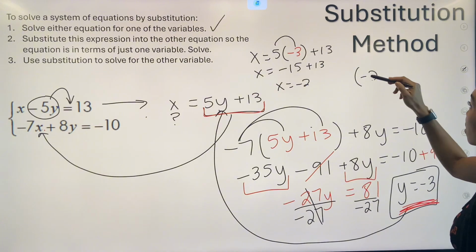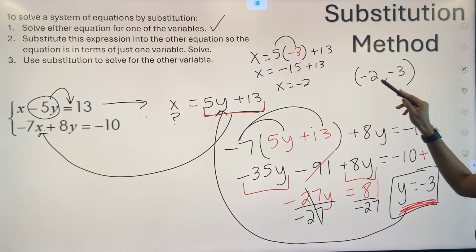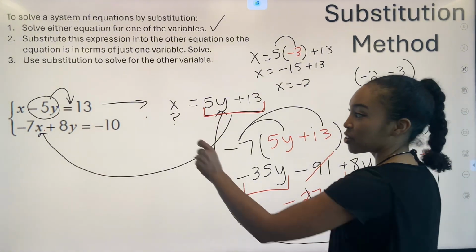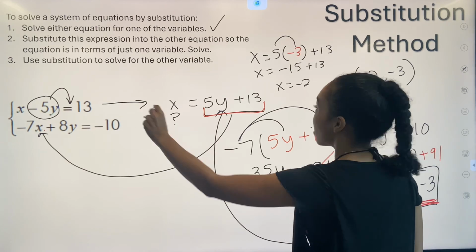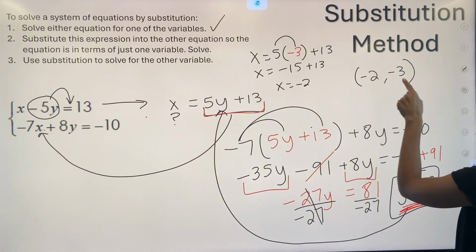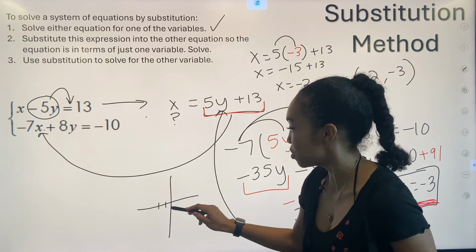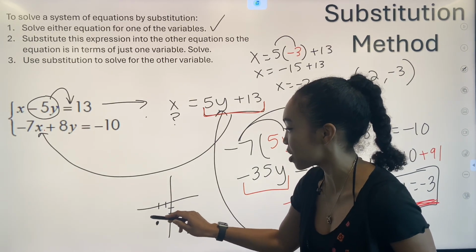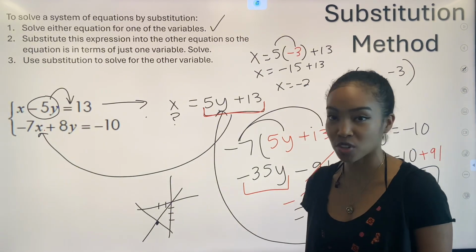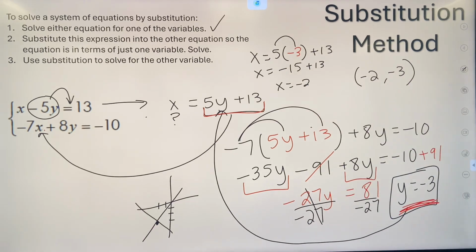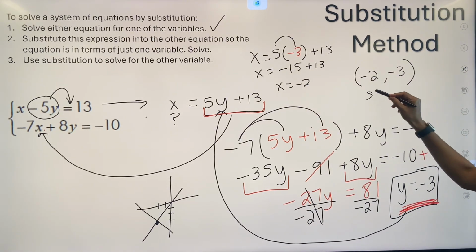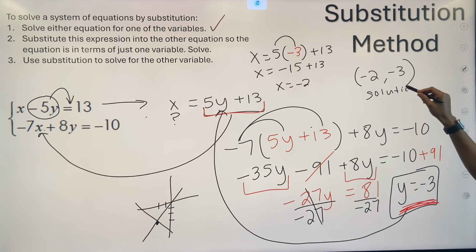So the point of intersection is negative 2, negative 3. If I were to graph these two lines, they would intersect at negative 2, negative 3. So it would look something like this. Negative 2, negative 3 is the intersection where those two lines cross. So we figured out the solution. And the solution means where do they intersect? They intersect at negative 2, negative 3.